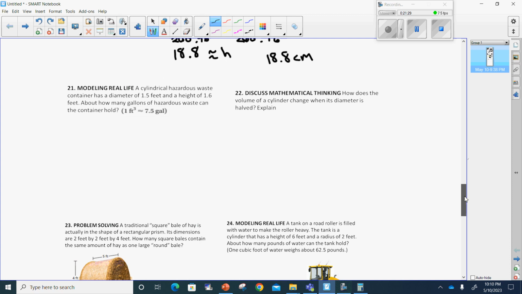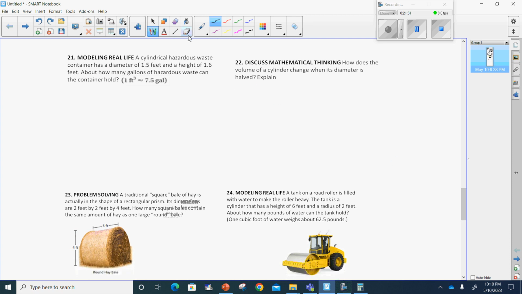I have number 21. It says a cylindrical hazardous waste container has a diameter all the way across of 1.5 feet. So 1.5.